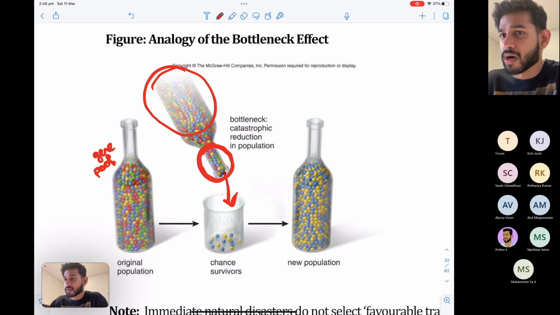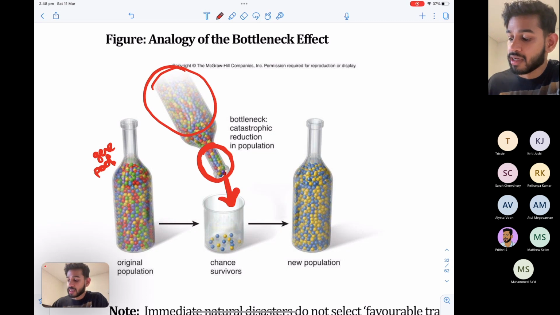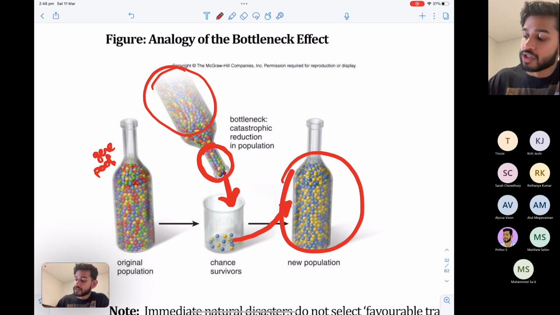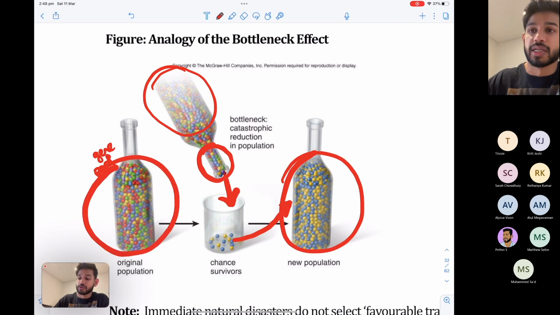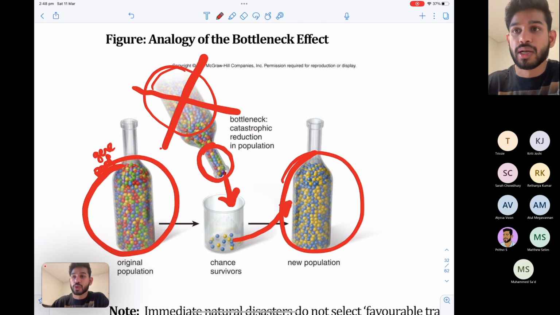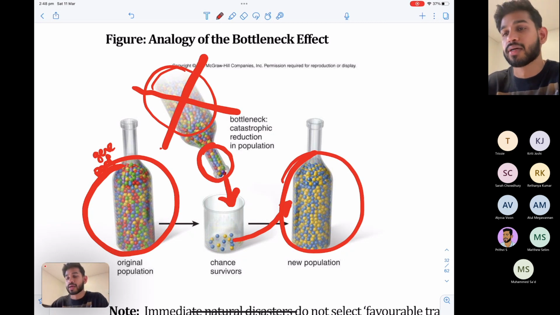And so it's showing you that the marbles that randomly happen to be at the bottleneck will be able to pass into another container, survive, and completely have a different gene pool compared to the original population. Whereas all the organisms that just due to luck were not at the bottleneck, all those marbles, we remove from the gene pool.